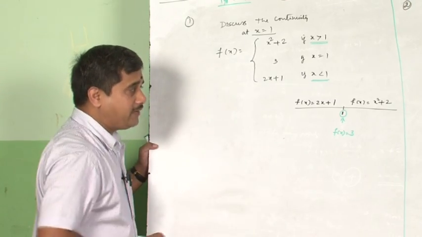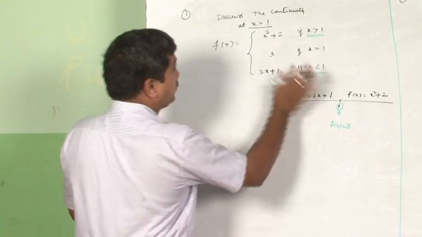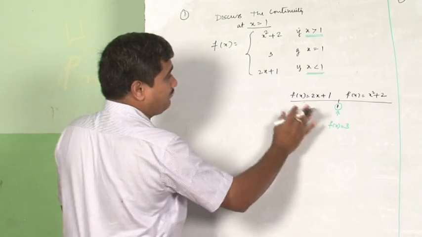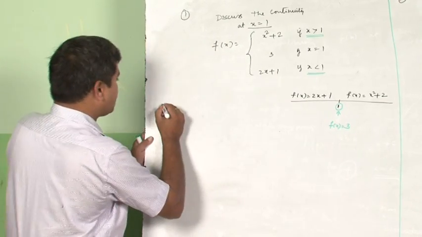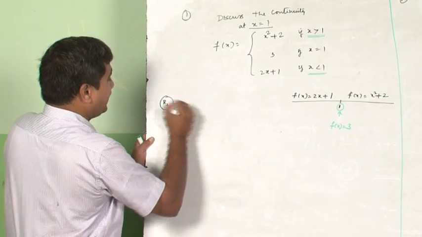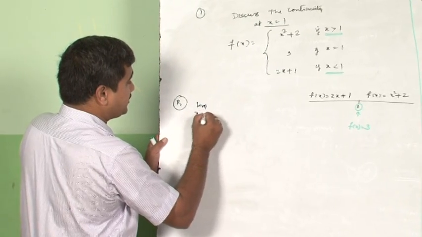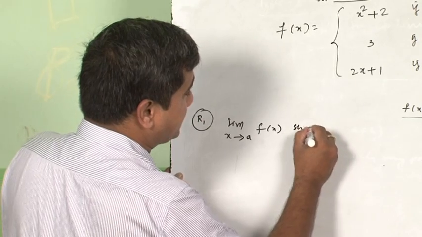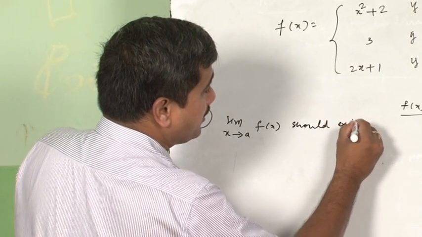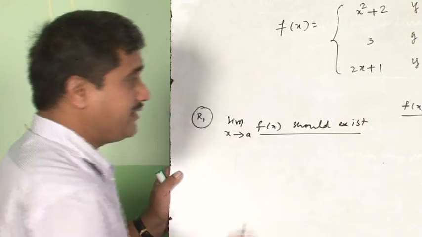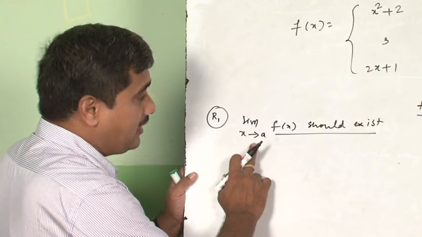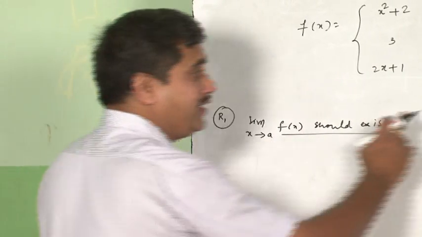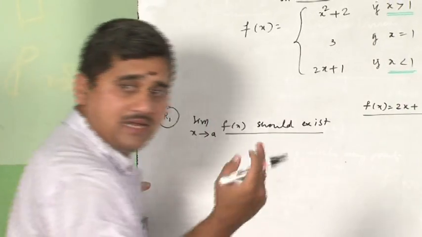Now, what exactly am I trying to explain to you? When you try to discuss the continuity, you have to verify the limit. The very first rule is that limit x tends to a, f of x should exist. In order to verify this, what is limit? Limit of a function is always taken as the left limit and right limit, as per the 11th class.